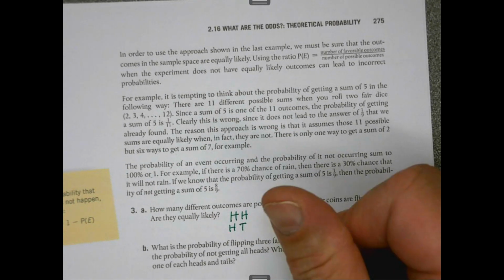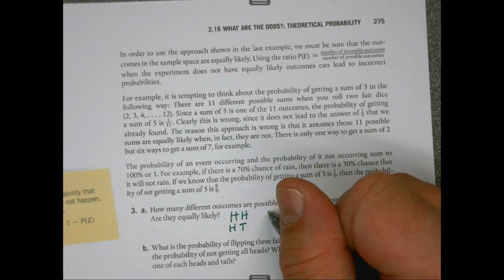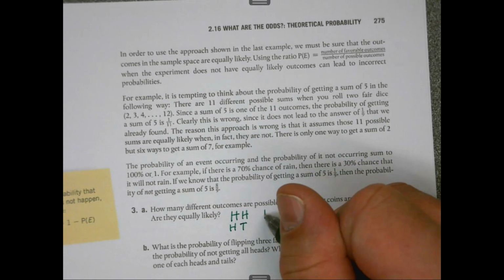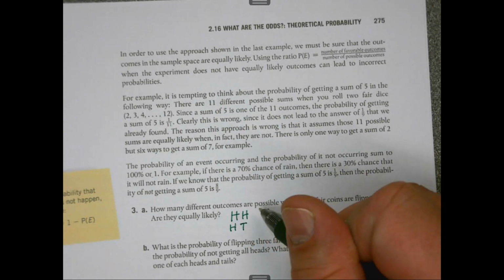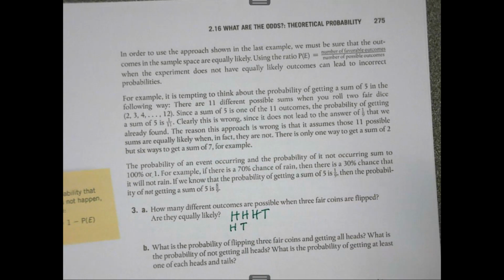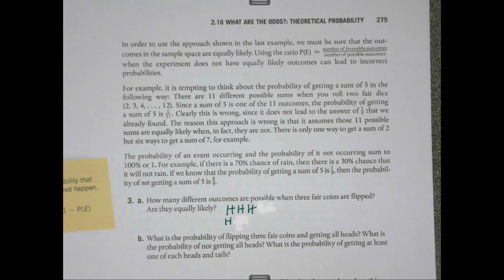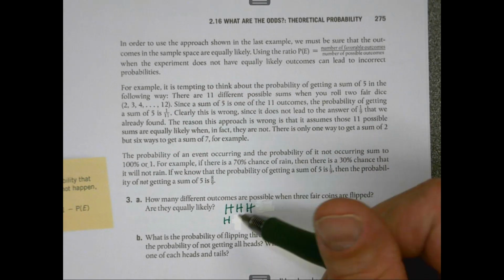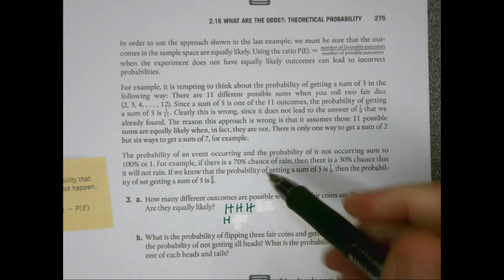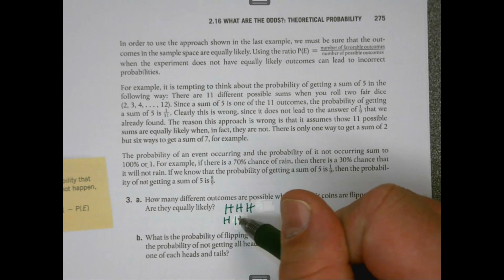Then the second, or I can get heads, heads, tails, or I can get heads, tails, heads. I should try to keep this neat. Let's see: heads, heads, heads, heads, heads, tails, heads, tails, heads, and then tails, heads, heads.